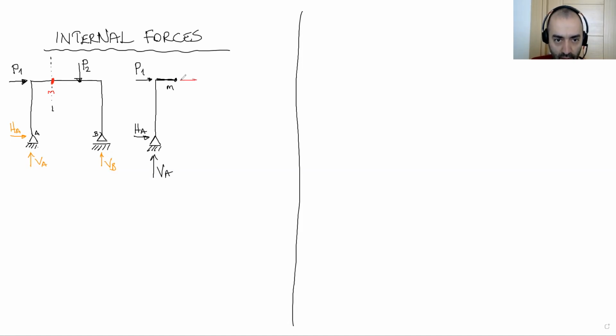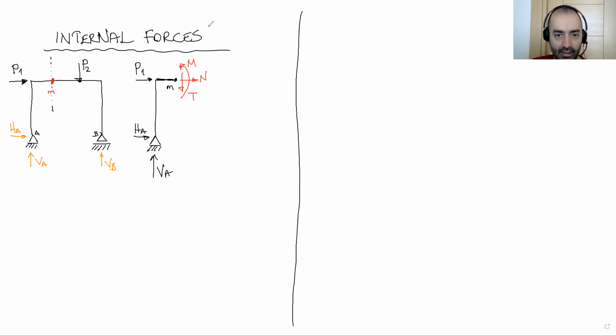This is N. I will explain what they are. This is T, and this one is M. So okay, this is the left-hand side of the cut point.